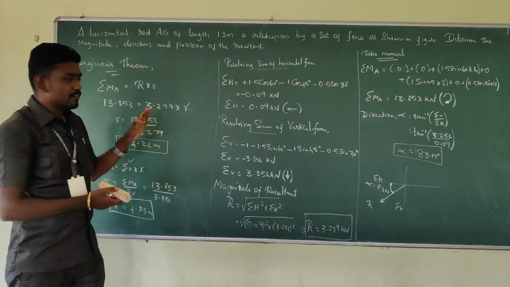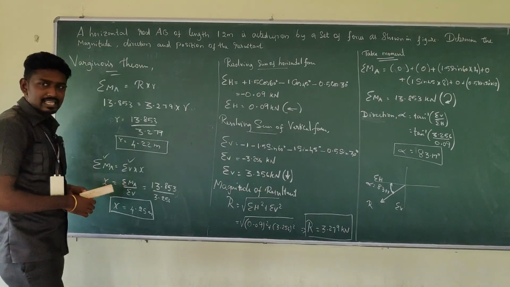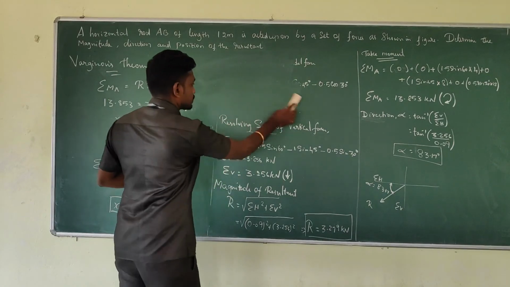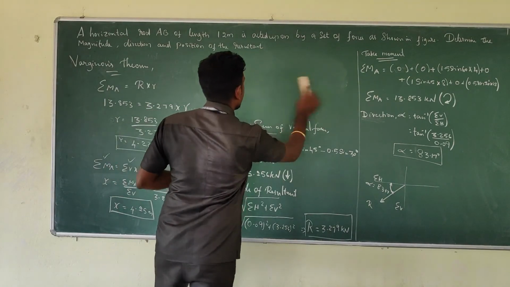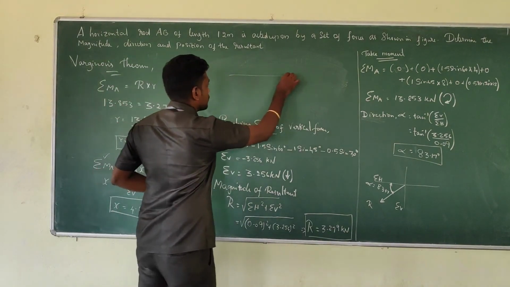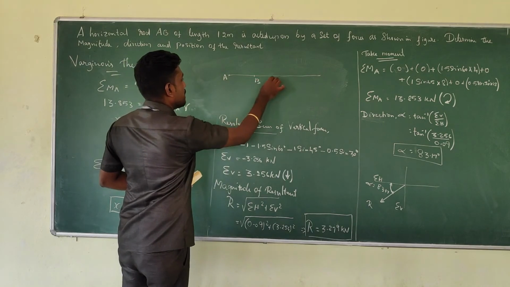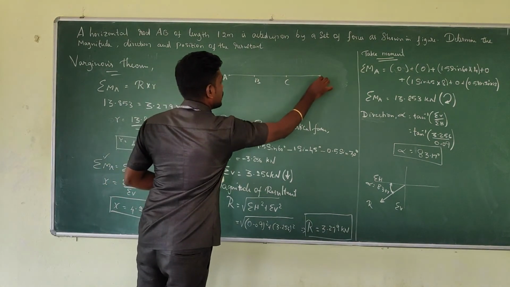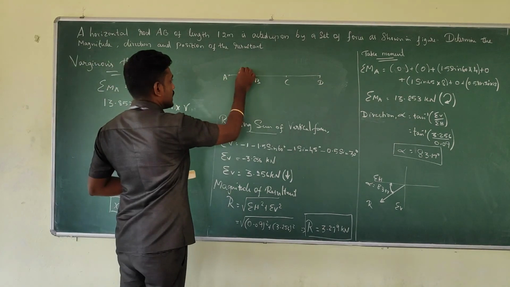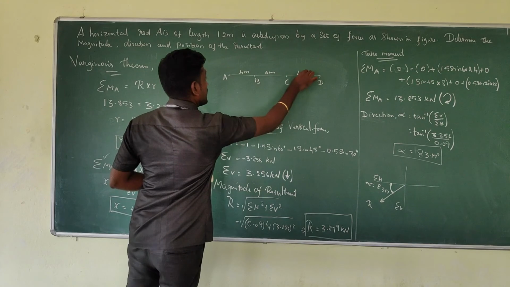So at last we must show the result. In order to show the result, I am just going to wipe it off. Actually in our question the beam is something like this, with the points A, B, C and D. Each of the segments A to B and B to C is 4 meter.